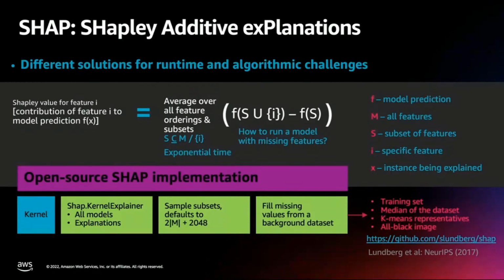So one typical approach is to just compute the average across all of your training data set for that particular feature and treat that as the baseline value.